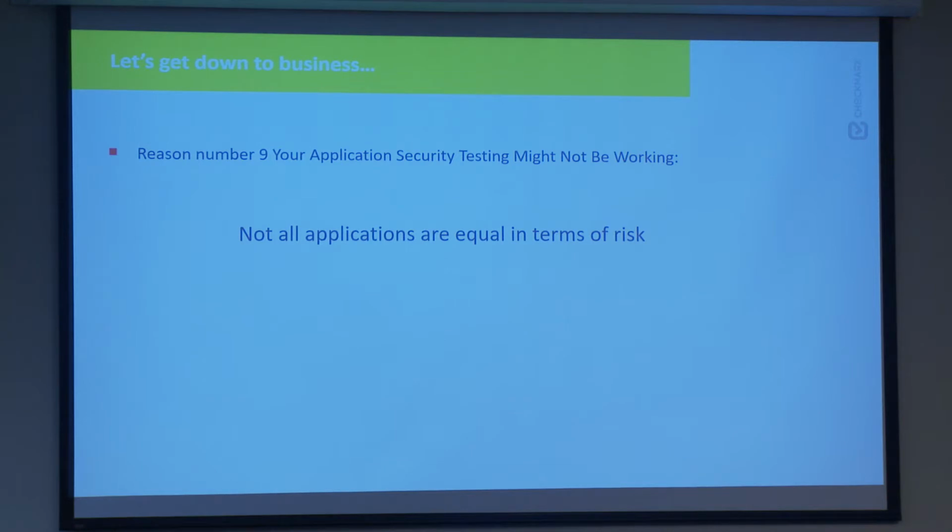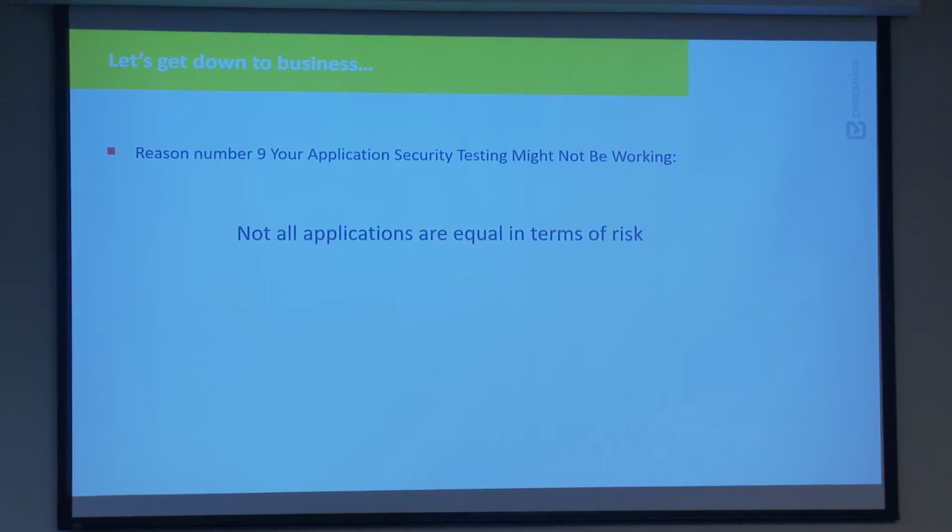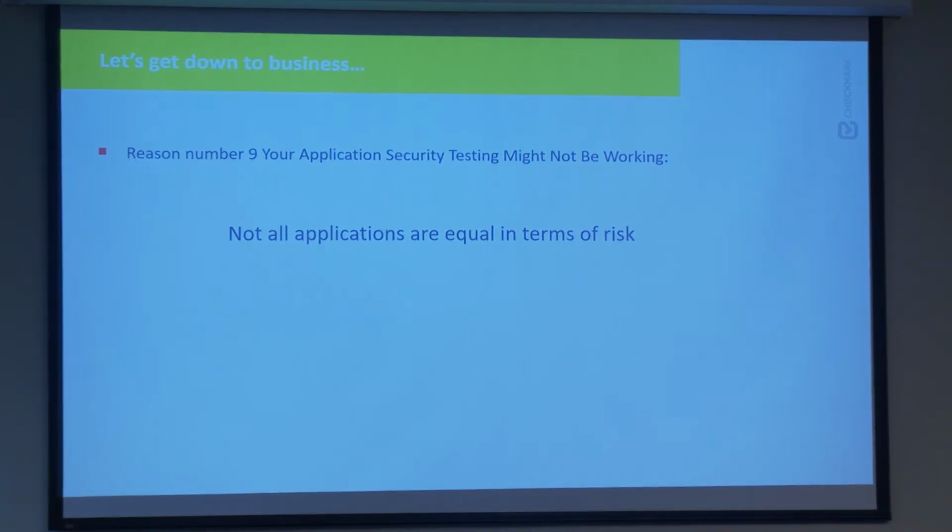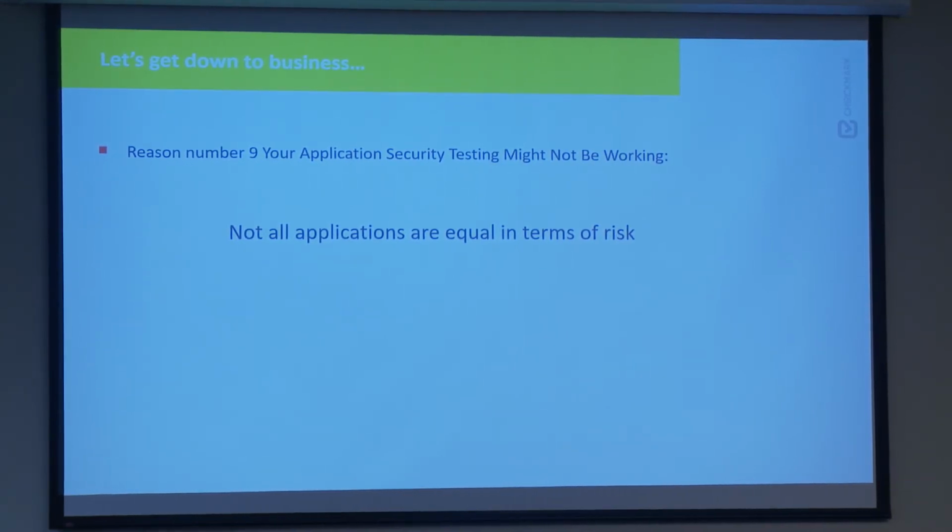Not all applications are equally important in terms of your business. You might have some accounting application that's externally facing that your channel partners use to submit orders. And you might have an application that takes food orders for the cafeteria, right? They're not equally critical to the business.